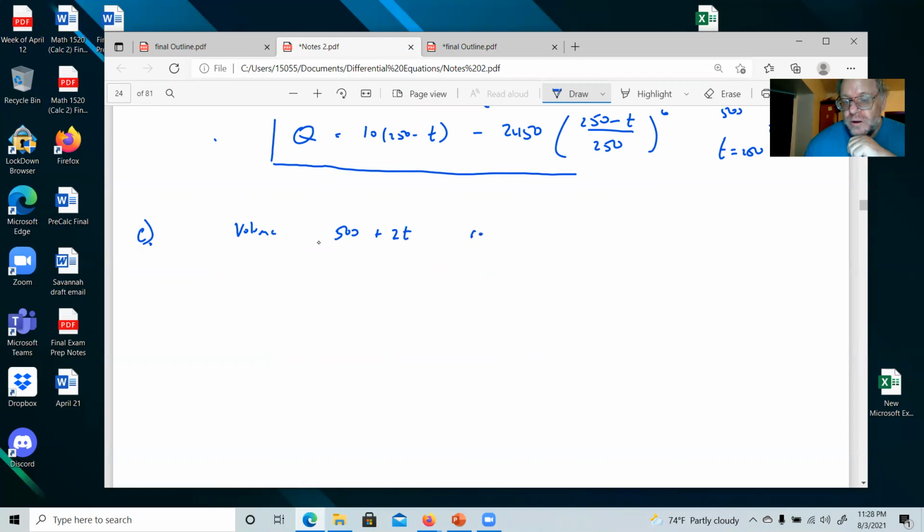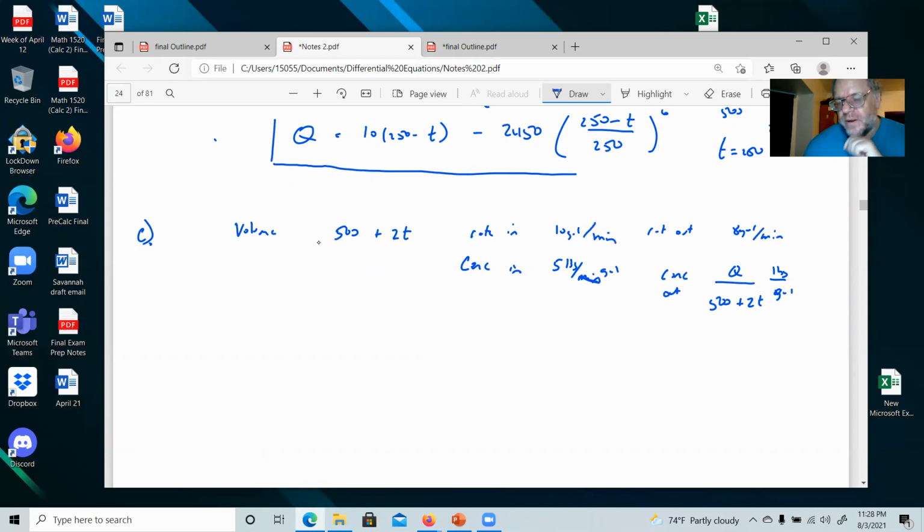So rate in is 10 gallons per minute, rate out is 8 gallons per minute, concentration in is 5 pounds per gallon, and concentration out is Q over my volume, 500 plus 2t, pounds per gallon.